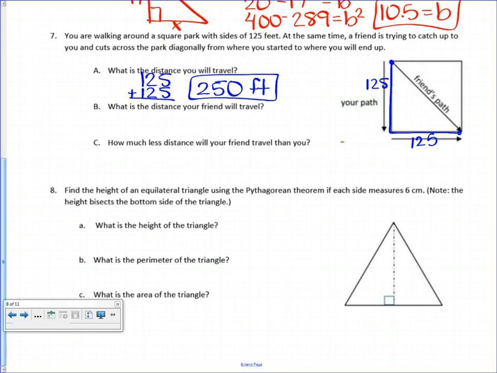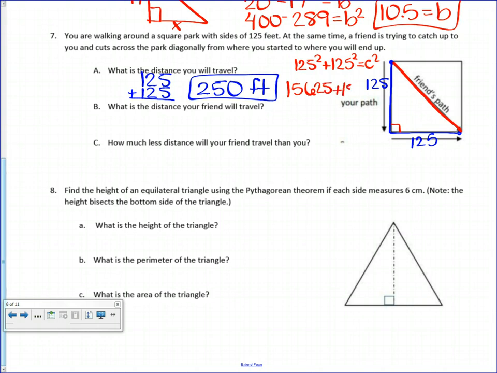Your friend is cutting across the park diagonally. So to find that distance, that would be the hypotenuse of our triangle. So we're going to do 125 squared plus 125 squared equals c squared. So 125 squared is 15,625.